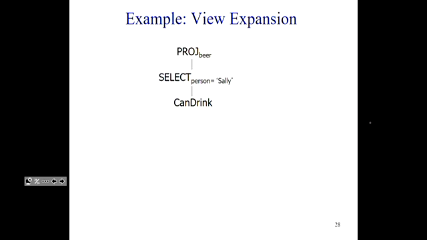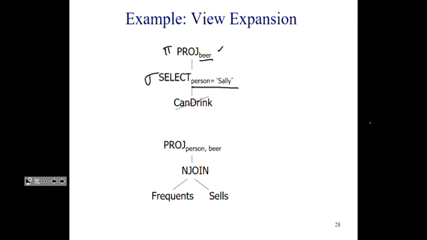So here's an example. The query that I issued earlier was project beer. So this is pi, this is sigma. Project the beer, so that you only return the beer attribute where person is equal to Sally, and you're operating on this view, canned drink.